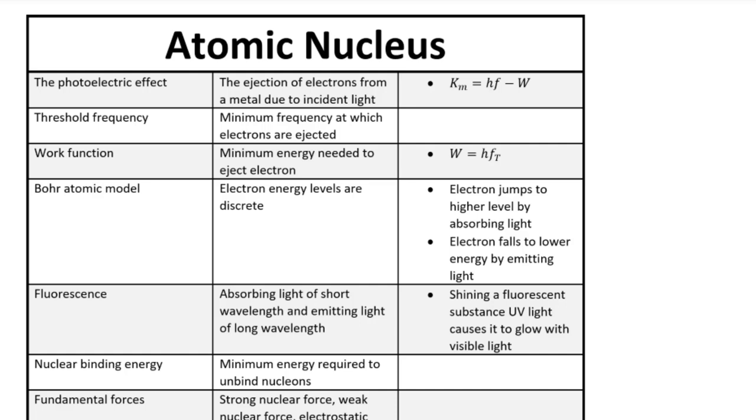I then described how certain objects seem to glow due to what is known as fluorescence. Fluorescence is the absorption of light waves of a certain wavelength with the emission of light waves of different wavelengths. The binding energy of a nucleus was then considered, which is simply the minimum energy needed to separate that nucleus into its constituent particles.